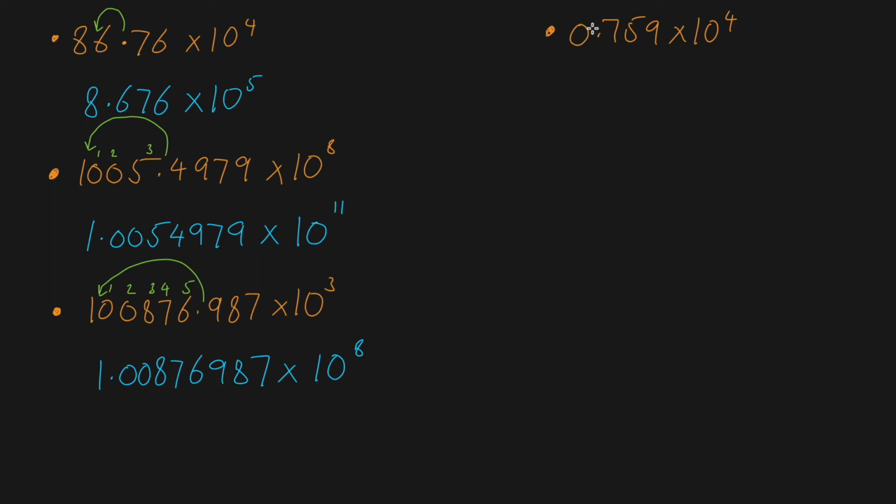So clearly we have to move the decimal point to the right, just one digit to the right. We'll have the answer 7.59 times, and as we moved only one digit, it's gonna be 4 minus 1. So 4 minus 1 is equal to 3.